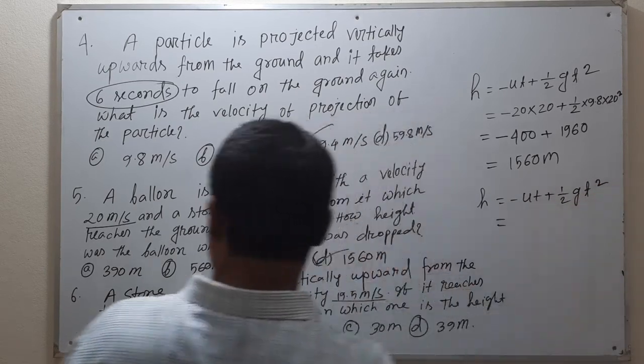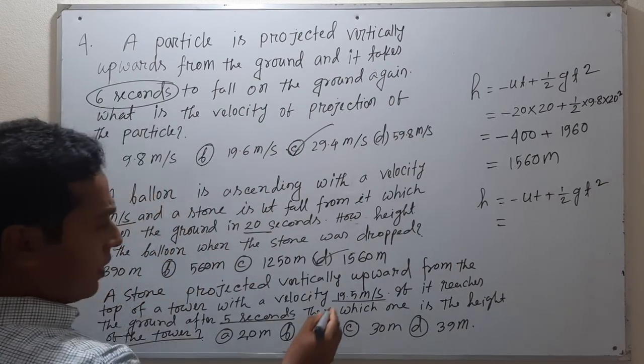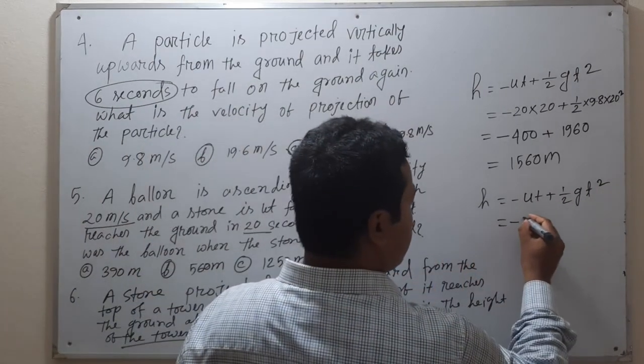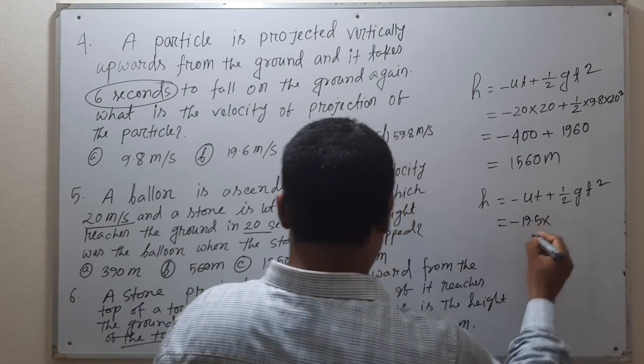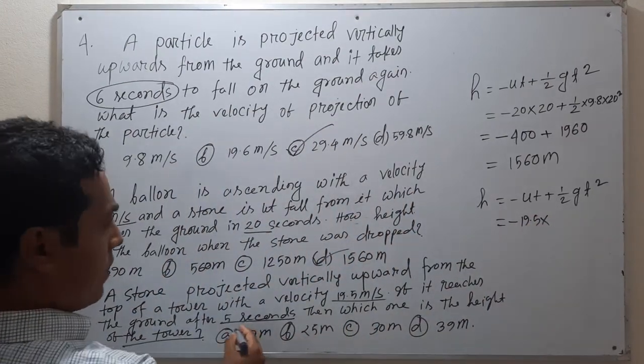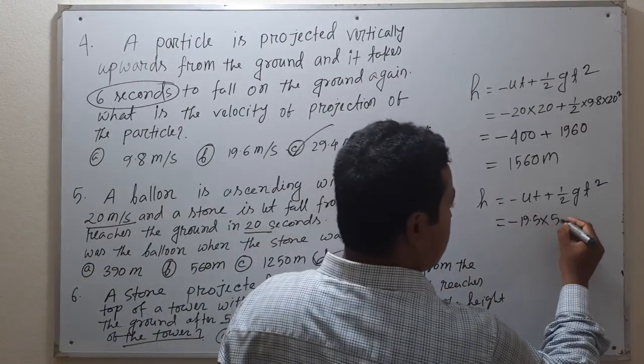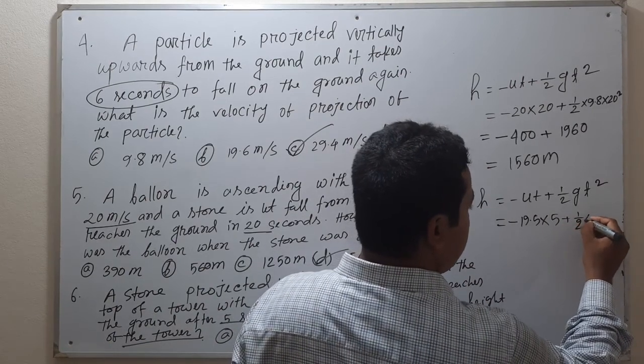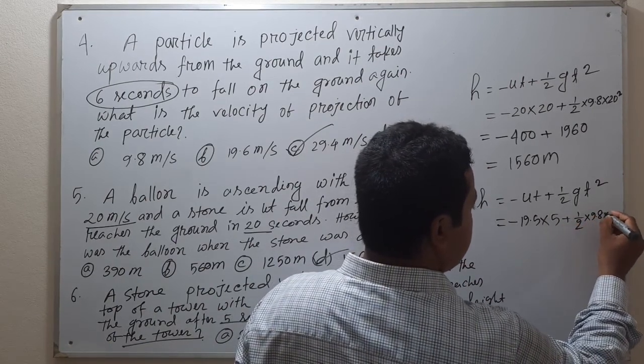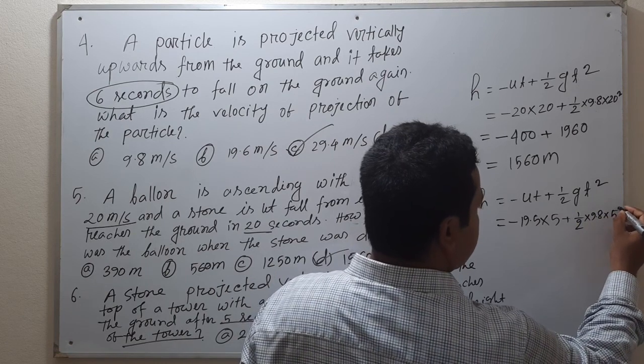So here u is equal to 19.5 and t is equal to 5 seconds, plus half of 9.8 into 5 square.